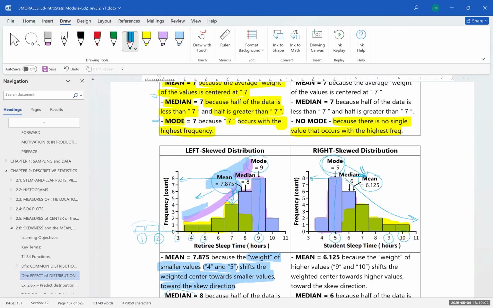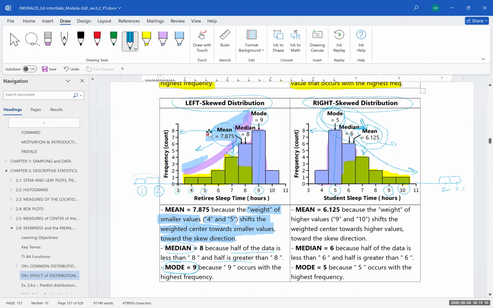And then you can imagine if we had a few classes out here that were maybe around 20 and 21, okay, that would pull the mean even further out towards higher numbers. So when you're dealing with left skewed or right skewed distributions, you should see an effect of that in the measures of center.